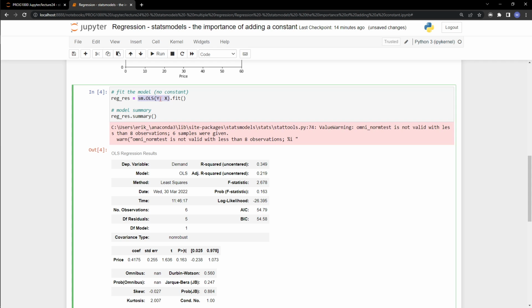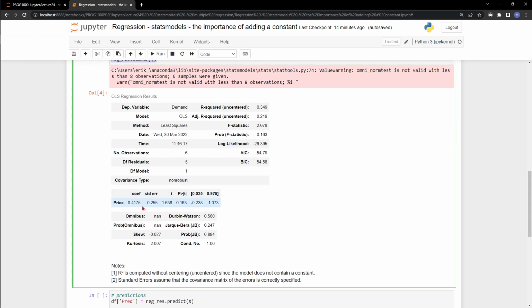These are now vectors of the demand and the price, no constant term, and we want to fit this by the ordinary least squares method. So we are getting one line, and we are fitting this by minimizing the squared residuals, and we are printing the summary of the regression result.